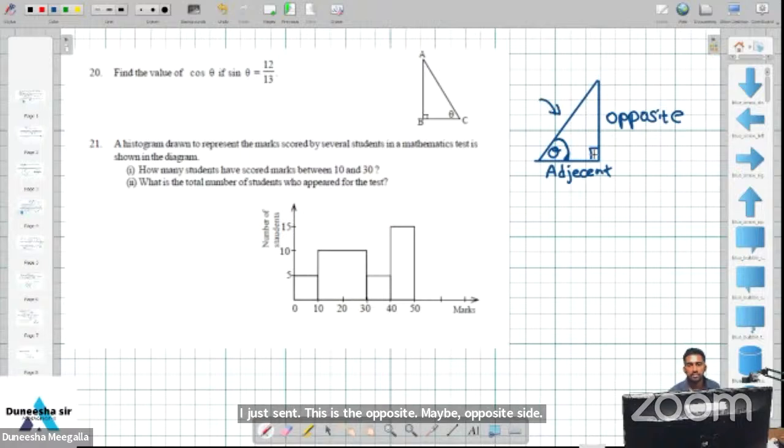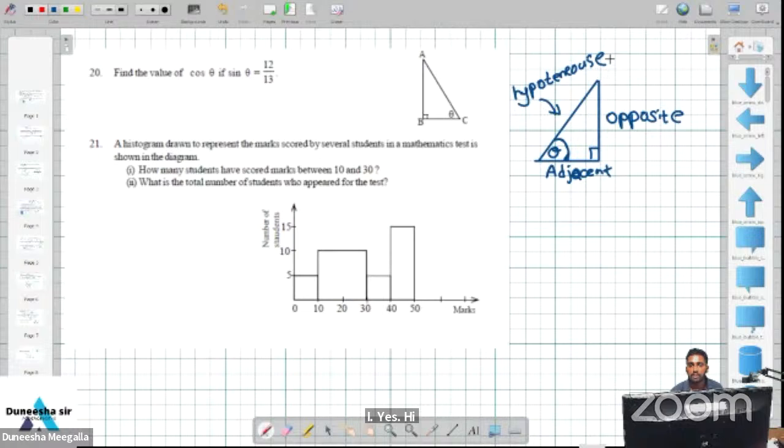In a right angle triangle, what do we call it? Hypo... hypotenuse. In Sinhala we call it karnaya. Okay, it's the hypotenuse.